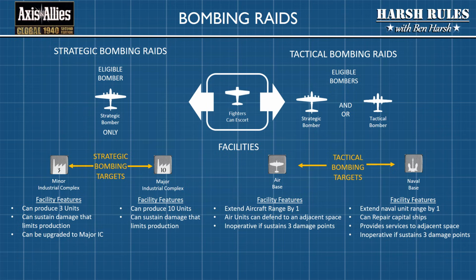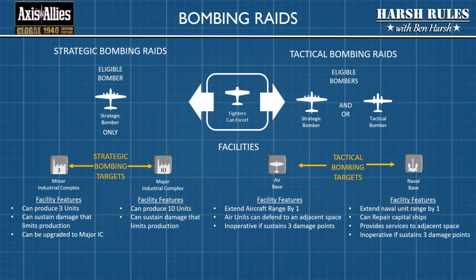The 1940 series has 2 types of bombing raids. Strategic bombing raids are used to weaken the unit production capabilities of industrial complexes. These bombing raids can only be conducted by strategic bombers. Tactical bombing raids are used to knock out naval base and air base special abilities.